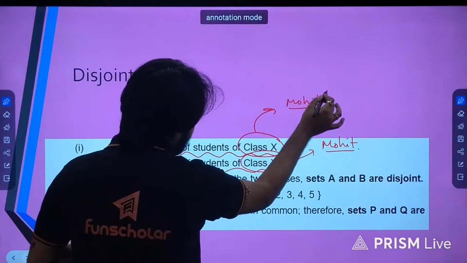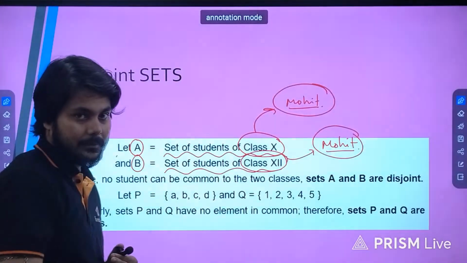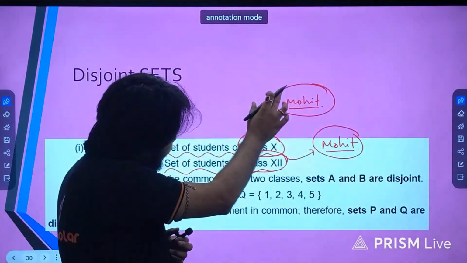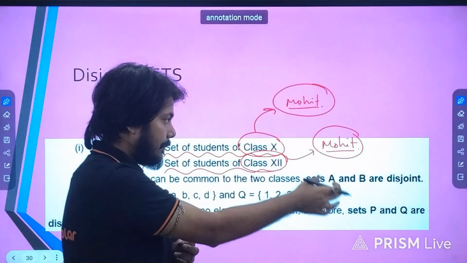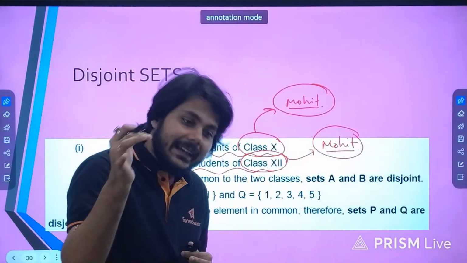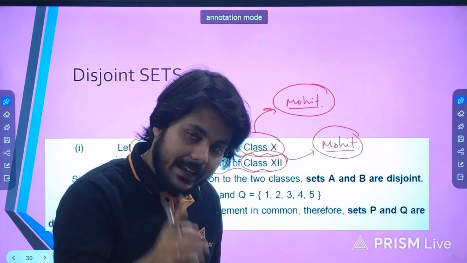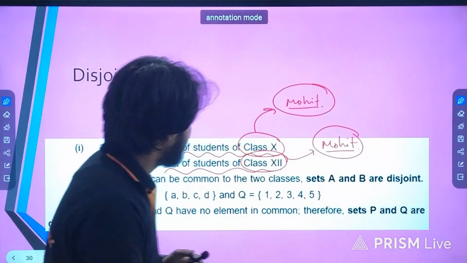But is the class 10th Mohit equal to the class 12th Mohit? Are they the same? Or is only the name the same but they are actually two different individuals? They are actually two different individuals.